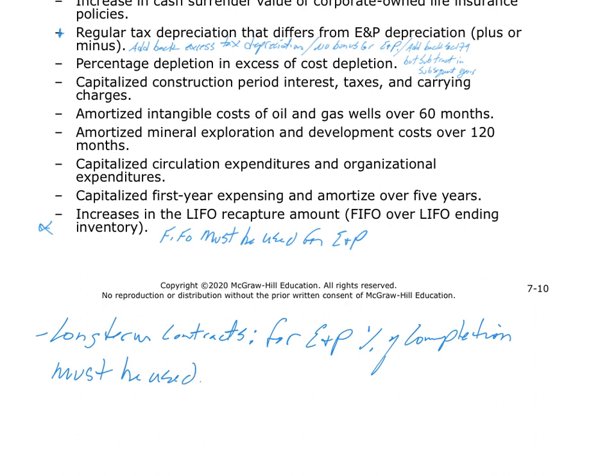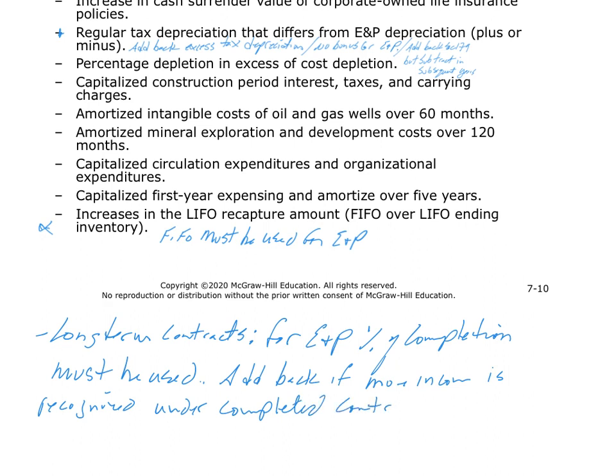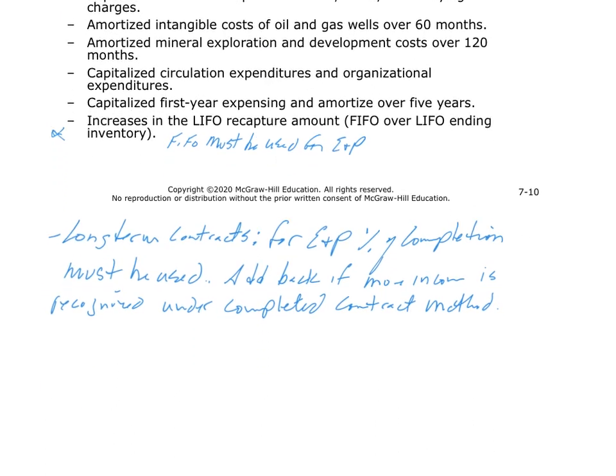All right, so what does that mean since you have to use percentage of completion? What that means is you have to add back if more income is recognized under completed contract method. All right, so I'll write that down. So add back if more income is recognized under completed contract method.